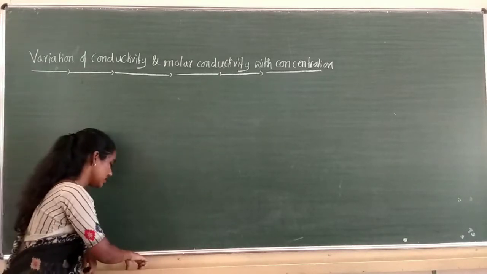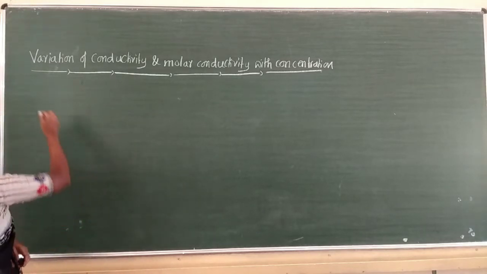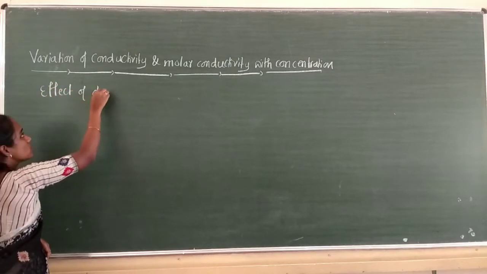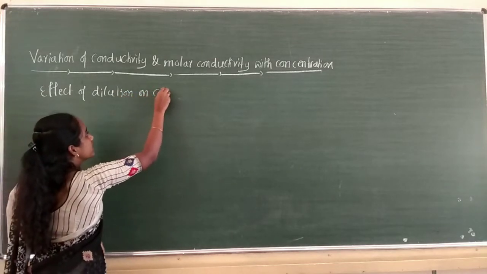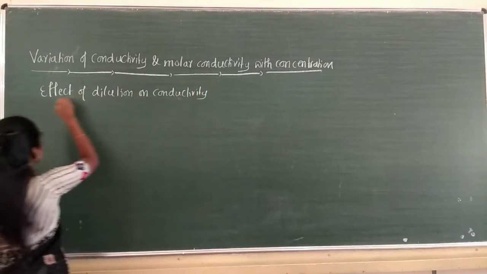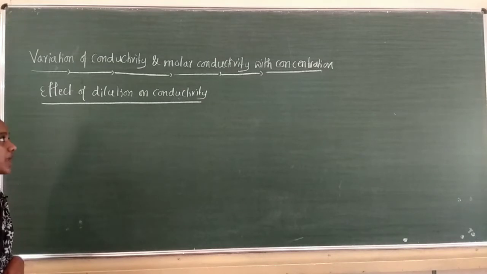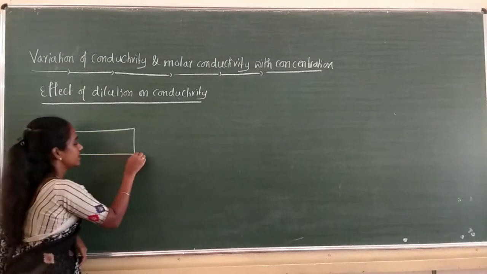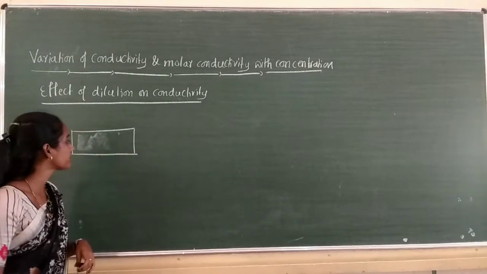Now let us discuss the variation of conductivity, or the effect of dilution on conductivity. If you consider a solution, let us take a solution here inside the conductivity cell.